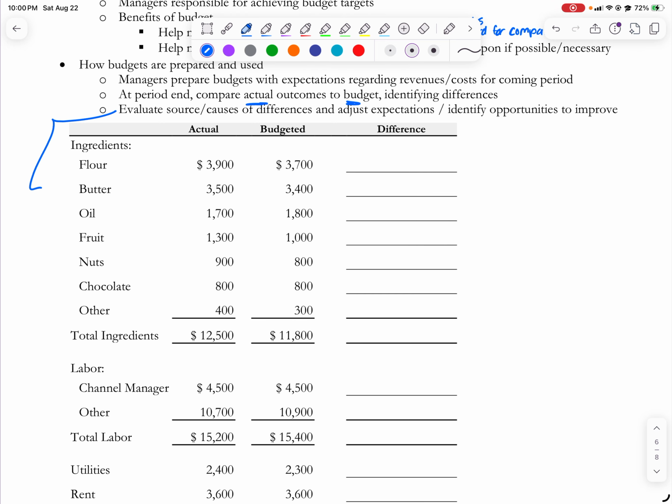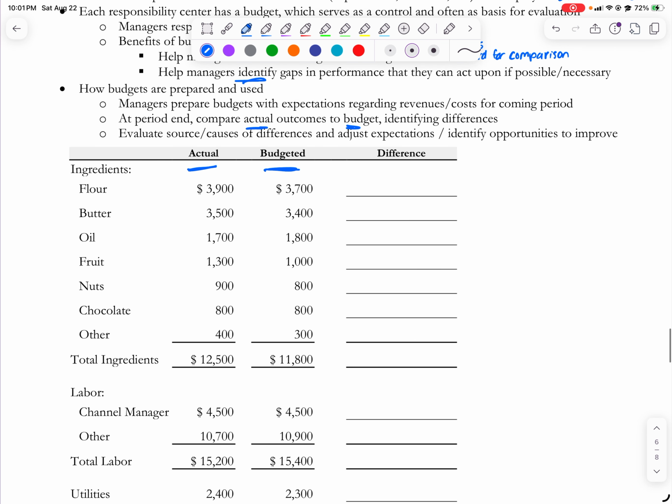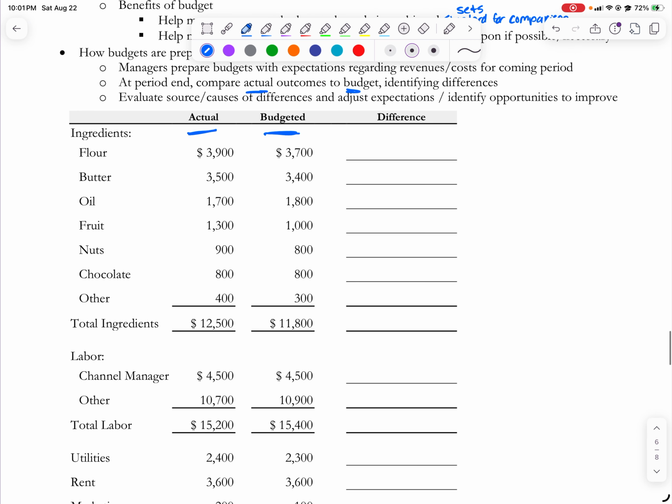So here, this is just what we had budgeted was going to happen. And these are some actual costs that we have for these items. So we're at the part where we're evaluating our differences, or identifying differences here.